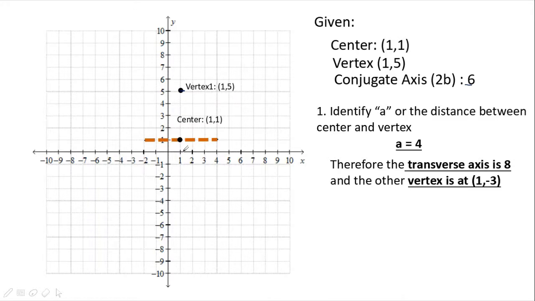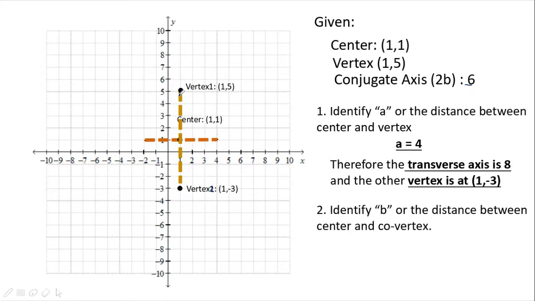In finding the second vertex, we just jump 4 units going down: 1, 2, 3, 4. So this is our vertex 2. Then the transverse axis is 8. Again, when we say transverse axis, this is the axis that passes through the center, and its endpoints are also known as vertices, which are vertex 1 and vertex 2.